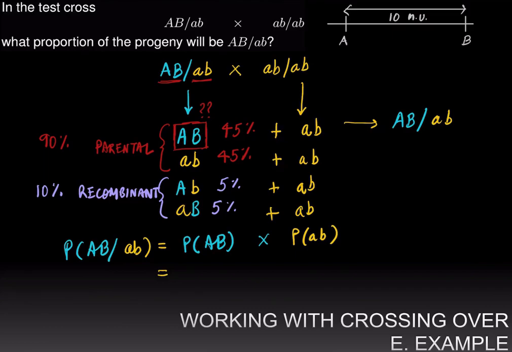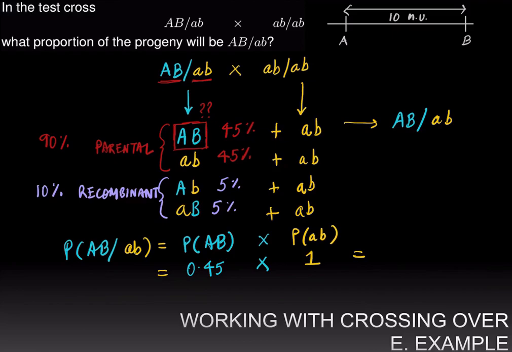And the probability of having a big A, big B gamete is 45%, or 0.45, times the probability of having a little a, little b gamete from the tester is 1, since all the gametes are little a, little b, because this individual is pure breeding.